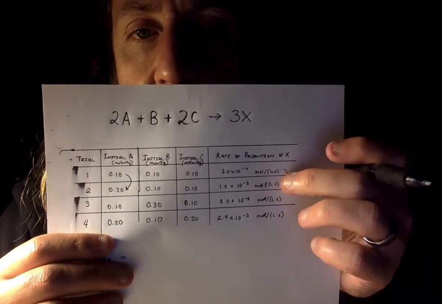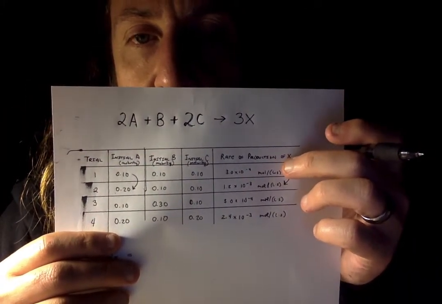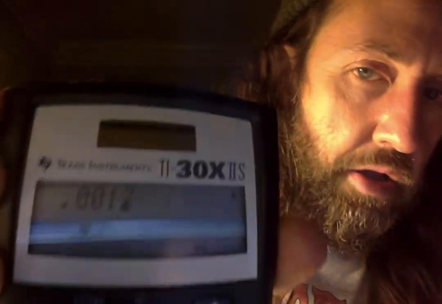So you take the larger number over the smaller number, okay? So that would be 0.0012, like that, okay?